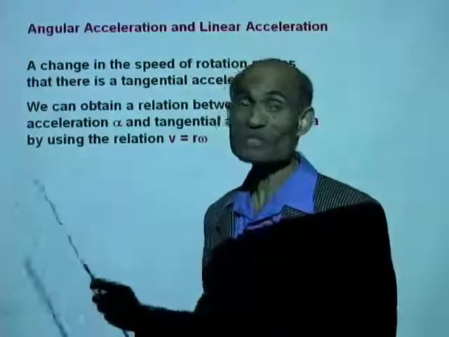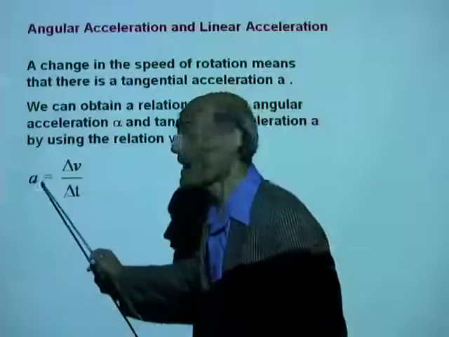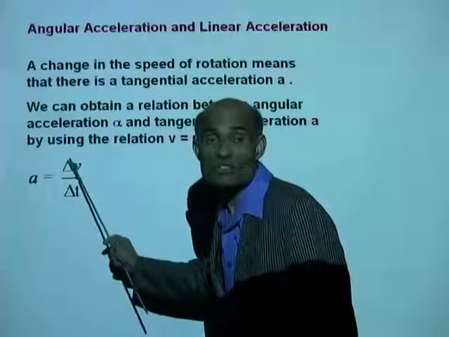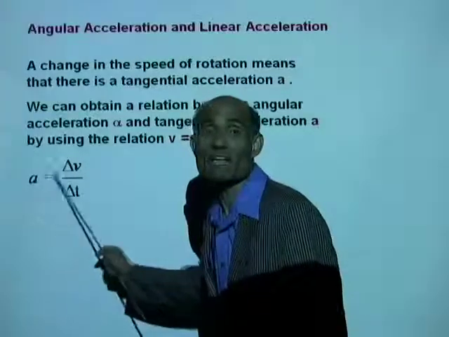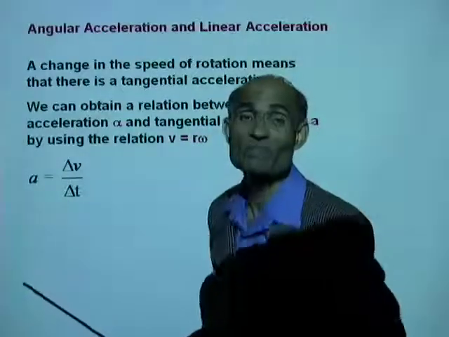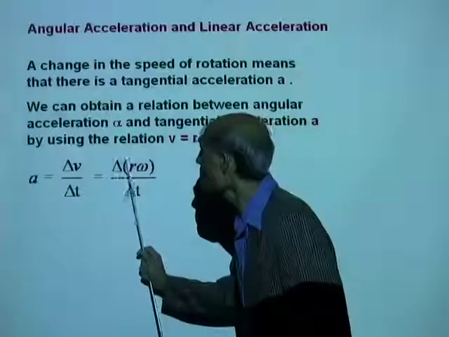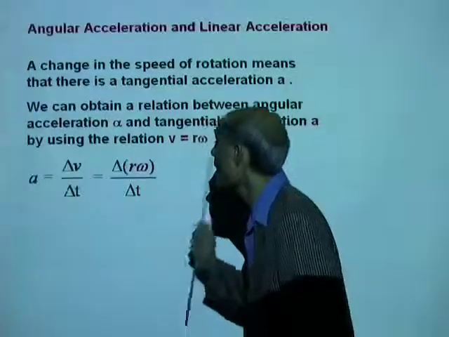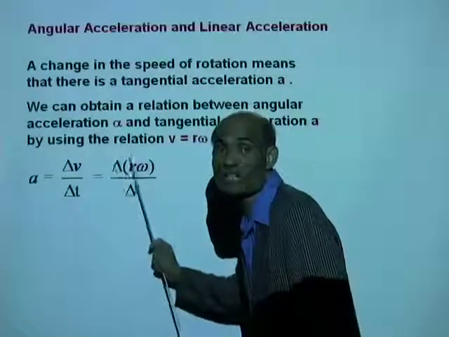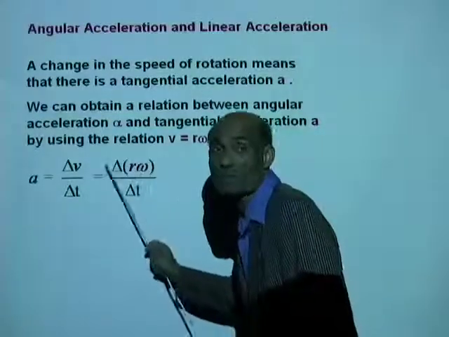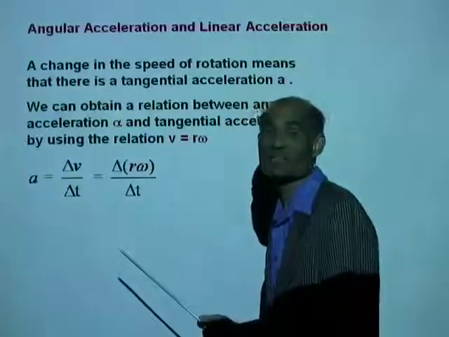Well, you can look at this and tell me what that relation is. The definition of linear acceleration is the rate of change of linear velocity, a equal to delta v divided by delta t. And let's replace this v by r omega. So delta v becomes delta of r omega, the change in the linear velocity, divided by delta t.